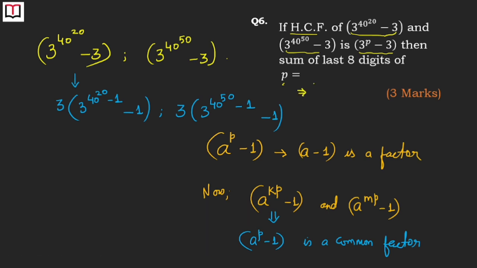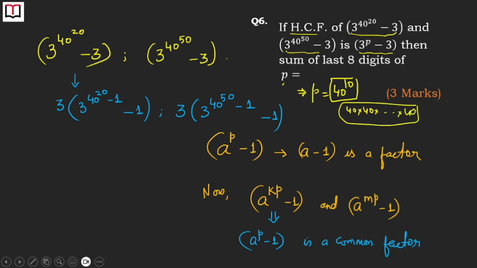This implies our p is 40 raised to the power 10. How many digits? 40 into 40 into 40, 10 times. We have 10 zeros to start with, in the unit, tens, hundred, thousand places. All the first 10 digits are 0. So hence the sum of the last 8 digits is nothing but 0. So that's the question based on number theory.